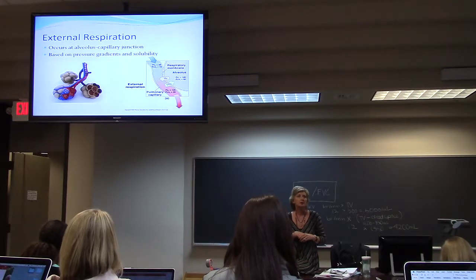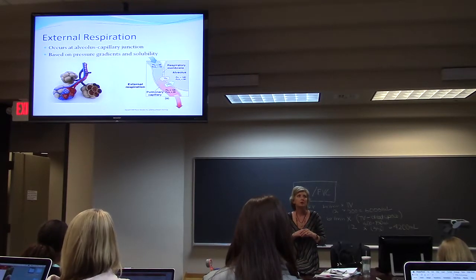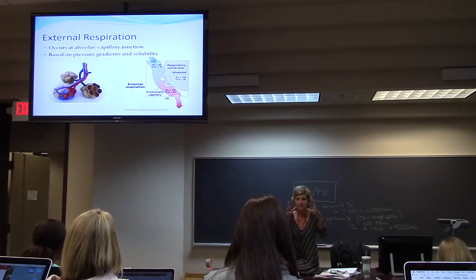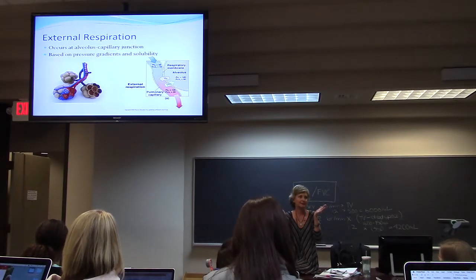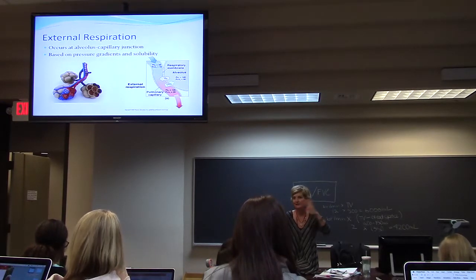And so look at this picture. I love these pictures of the little alveolar sac, or that little cluster of alveoli, and then you see this network of capillaries around them, so that you match the surface area of one to the surface area of the other. Just Google those, just look at images of alveolus capillary.